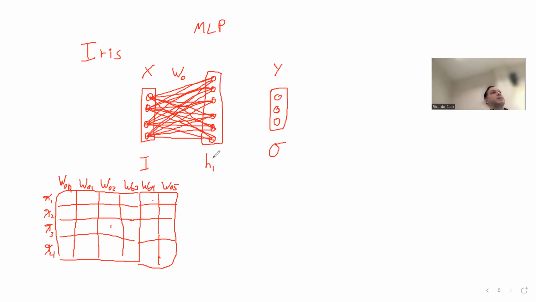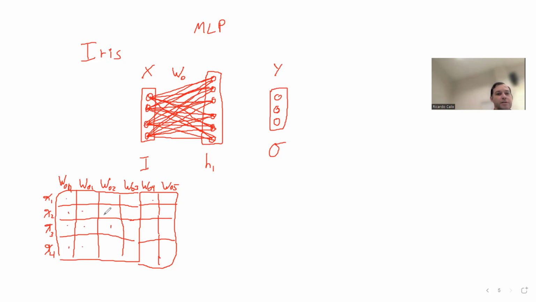This is another reason why I selected 6. I didn't want to make such a big matrix. But this is happening in the neural net. So you have 4 rows and 6 columns because you have 4 inputs, and so this is the weights matrix between one layer and the next layer. Got it? And so that tells you that this is going to be a value, and this is going to be a value.